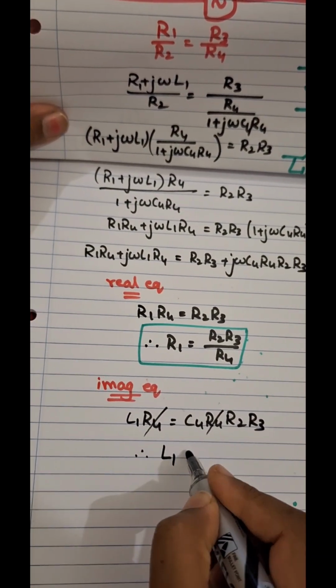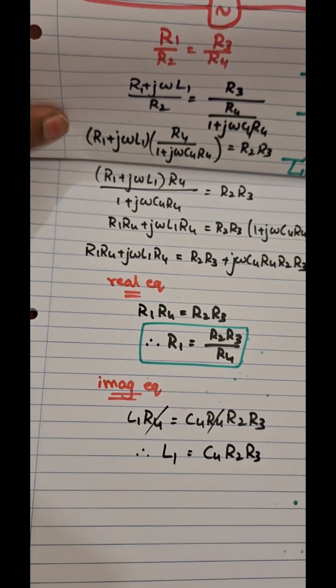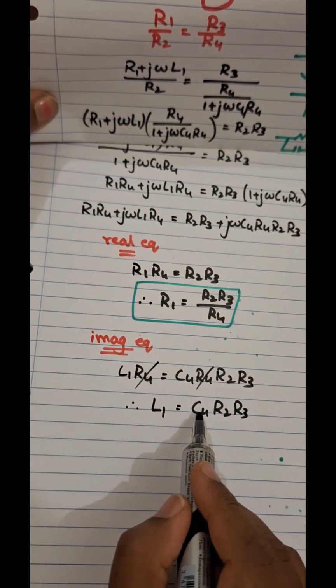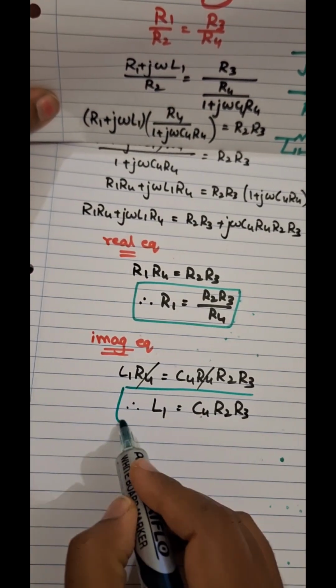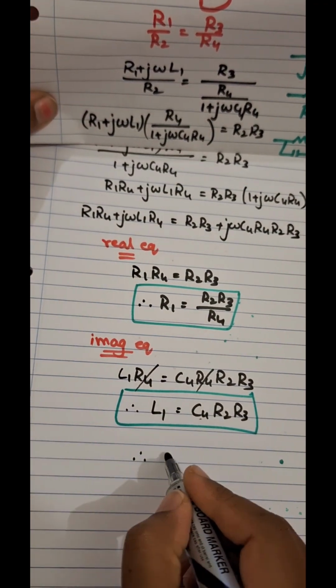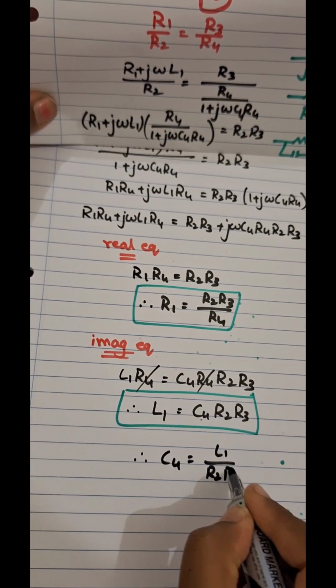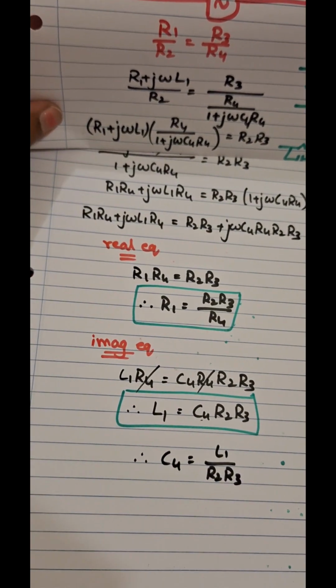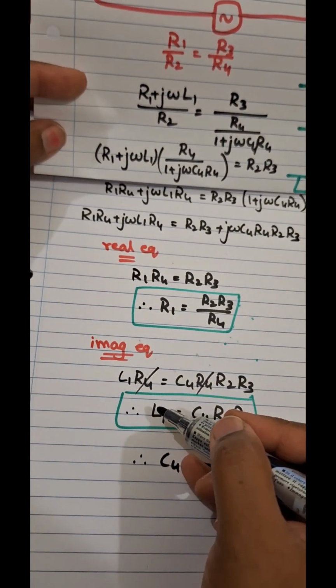Therefore L1 is equal to C4 R2 R3. The capacitor is a variable capacitor. So I found the formula for L1. Depending on your problem requirement, sometimes you can even use C4 is equal to L1 by R2 R3, depending upon the question asked. But usually these are the unknown resistor and unknown inductor values.